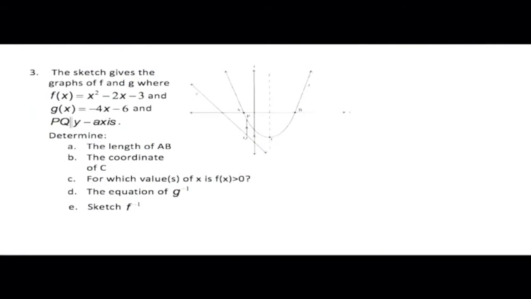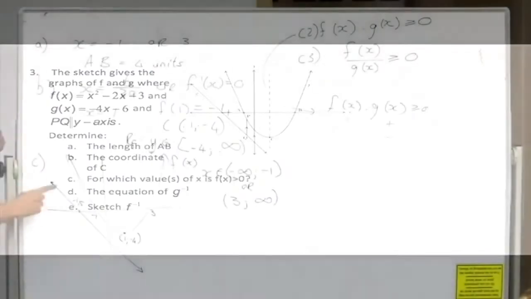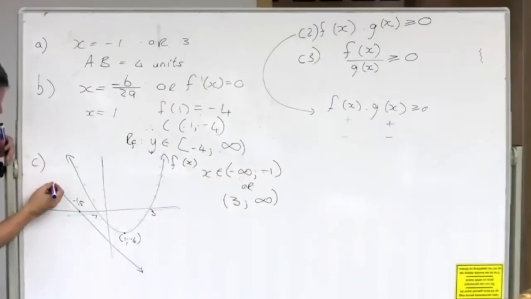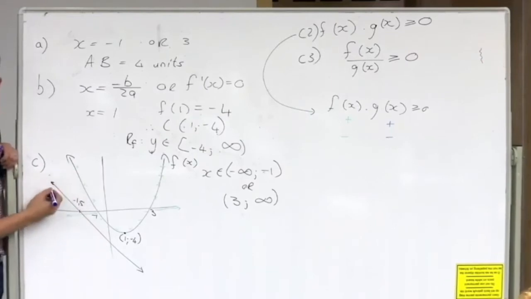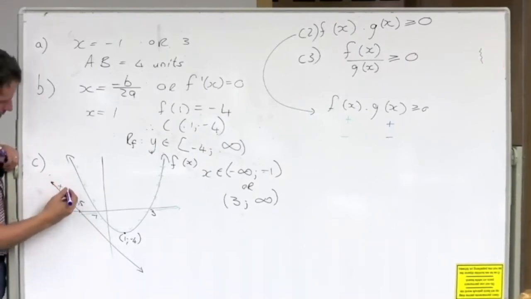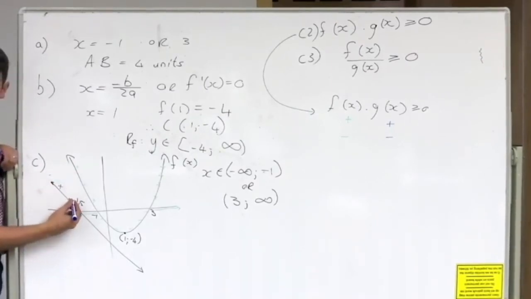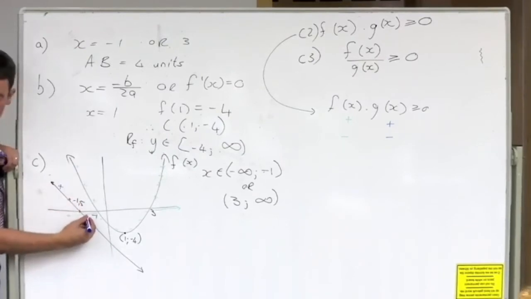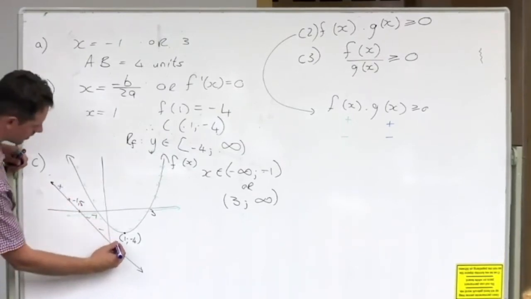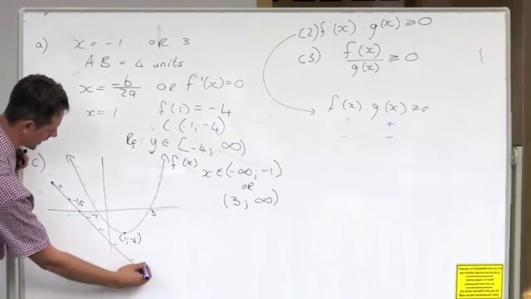Okay, now let's analyze. I'm going to do the analysis of g of x in blue. Here, Bongani, are the y values positive or negative? It's positive, right? And positive. And here they are negative, negative, negative, negative.